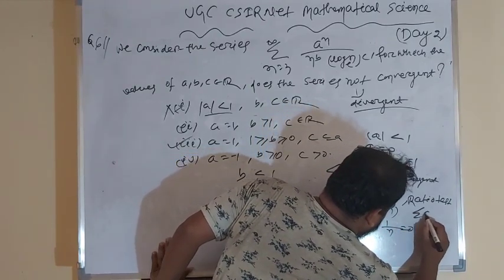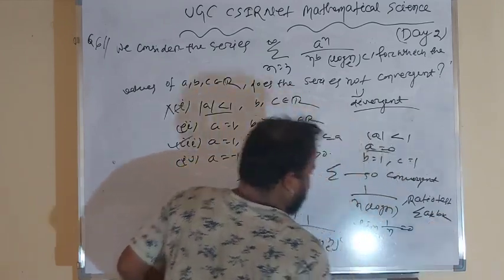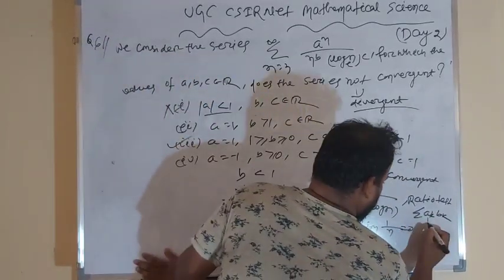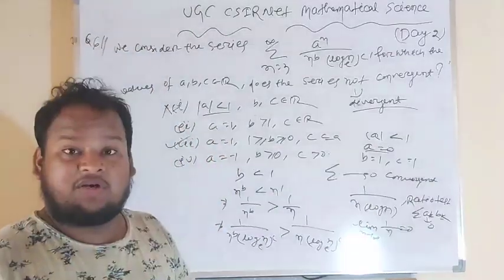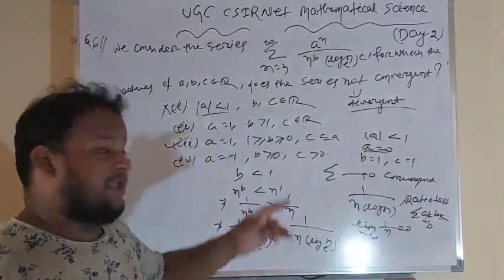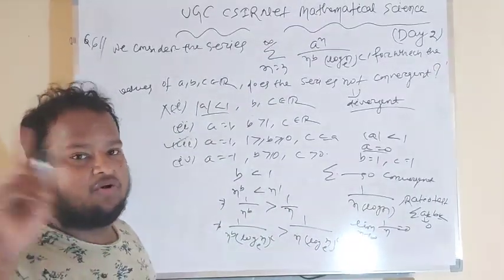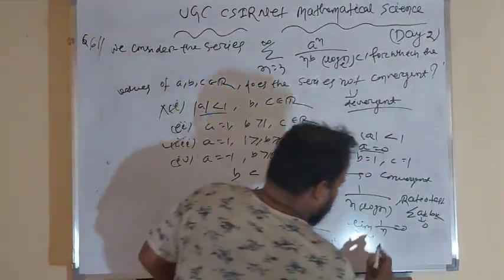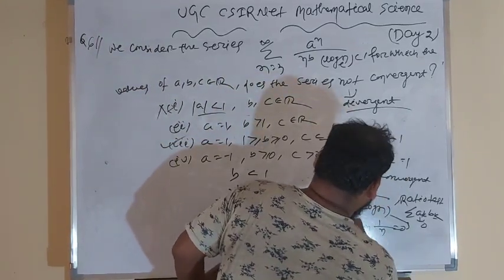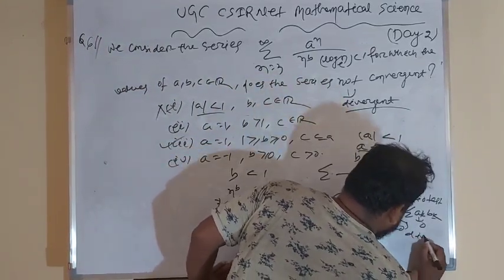Suppose we have the series a_k b_k, where a_k is convergent and b_k is not convergent. We actually know one theorem: if a_k is convergent but b_k is not convergent, then the series is divergent.